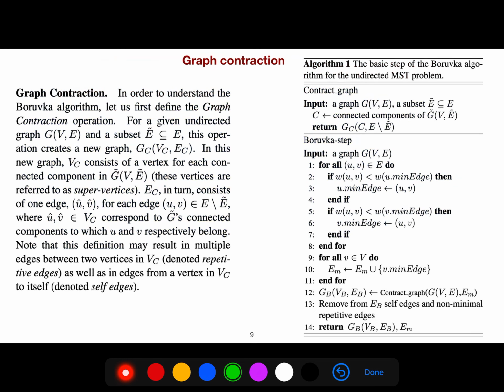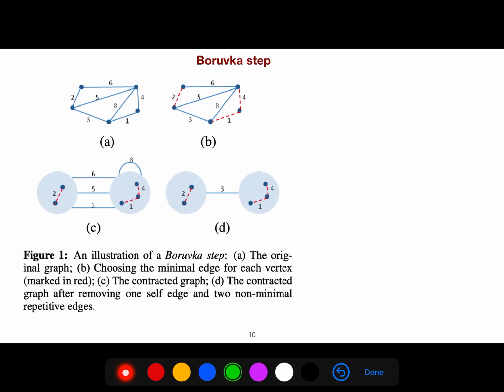So for the graph contraction, I explain this graph contraction algorithm of Boruvka simply. Going from A to B, when we choose the minimal edge for each vertex, for example, the minimal edge for this vertex is this 4. The minimal for this vertex is 1. The minimal for this vertex is 2. The minimal for this vertex is 2.